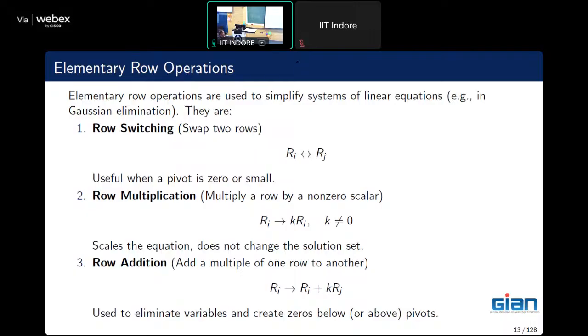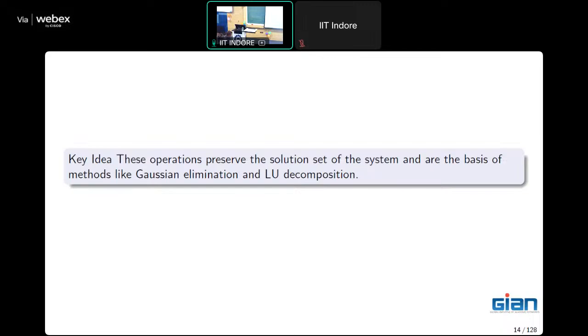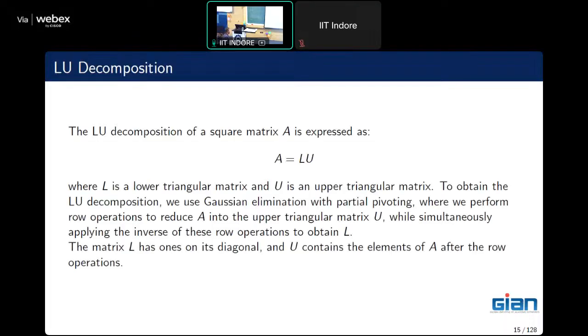This is the beauty. So the key idea is that these operations preserve the solution of the system and are the basis of methods like Gaussian elimination and LU decomposition, as I told before.